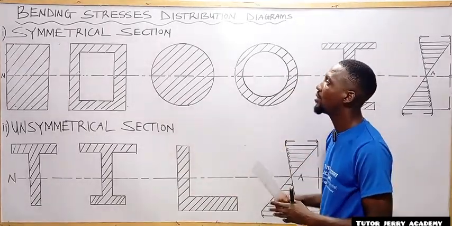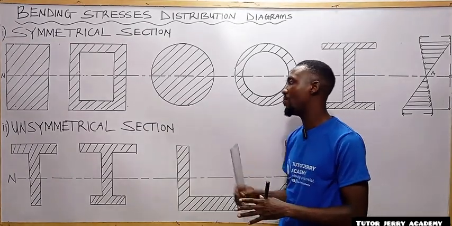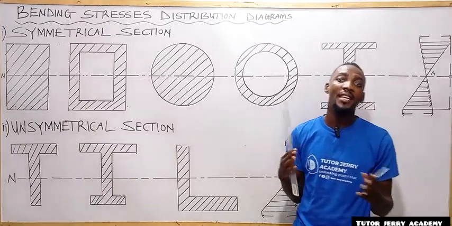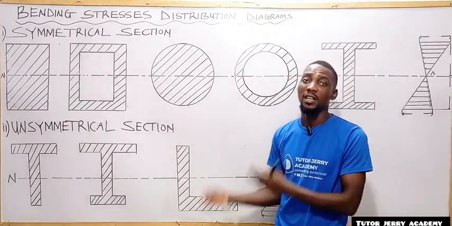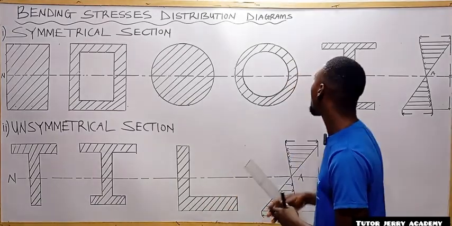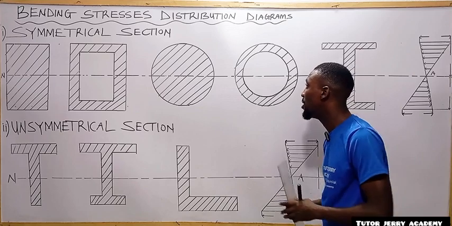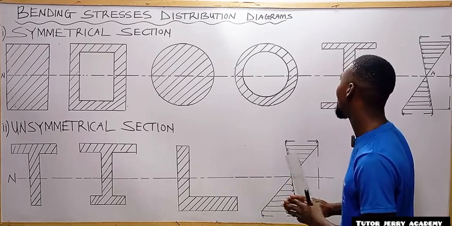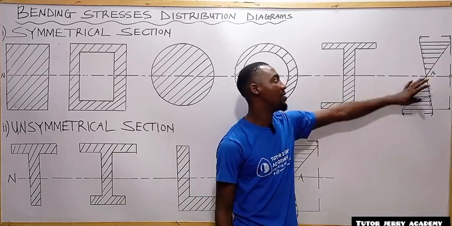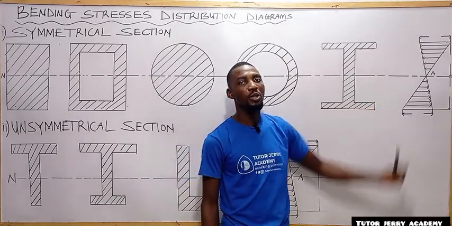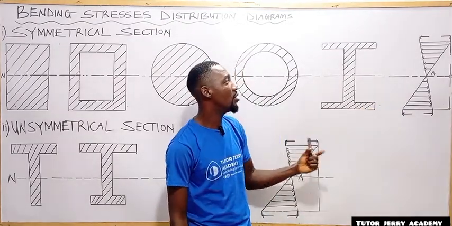So symmetrical section and unsymmetrical section are both applicable to a simply supported beam. The importance of this section is that if you consider this diagram here, it is the stress distribution formula. That's our major target.